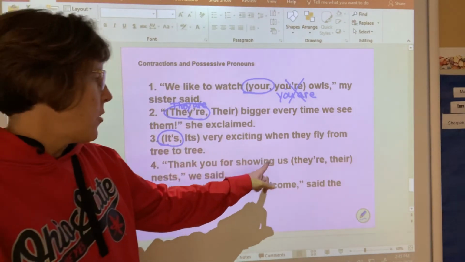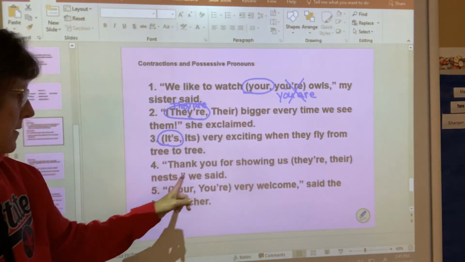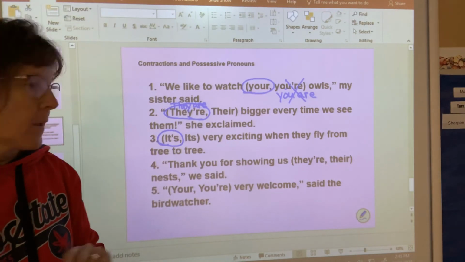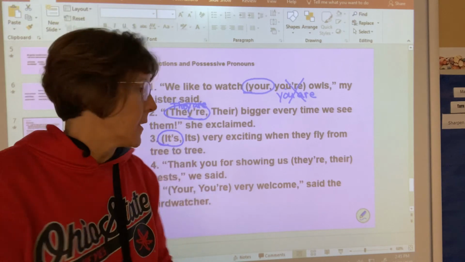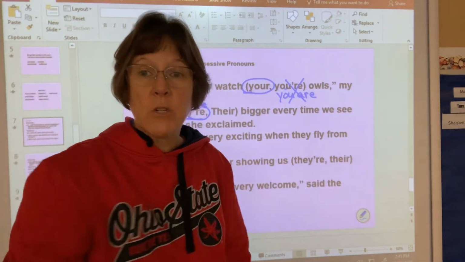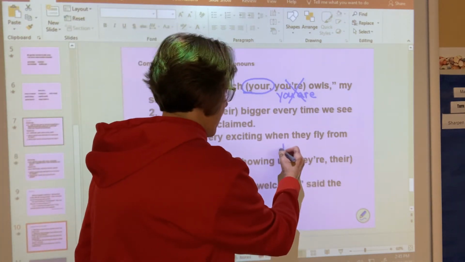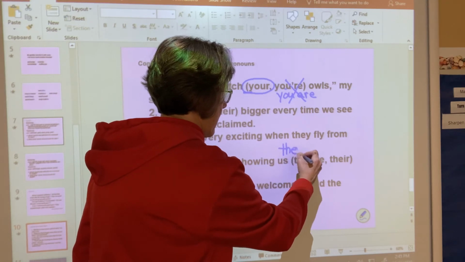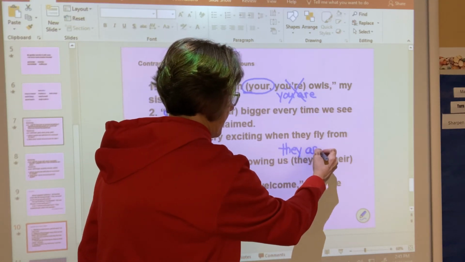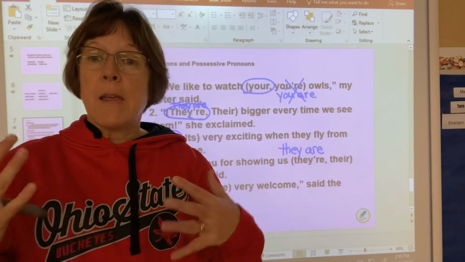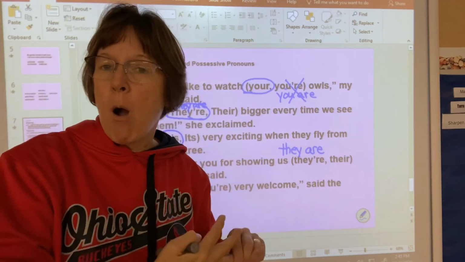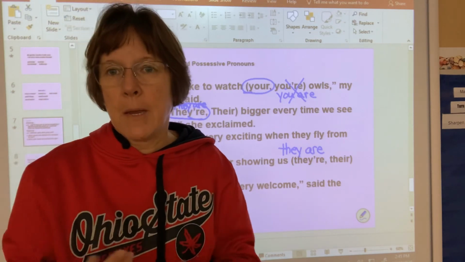"Thank you for showing us their nests," we said. So these are both the word there, but they're spelled differently. We have they're, which is the contraction of they are. Now, we'll know if that's the right one if we put the words they are into the sentence and it makes sense.